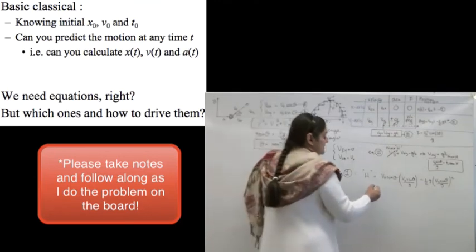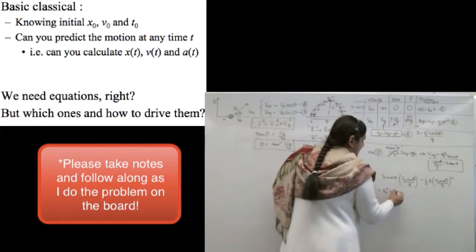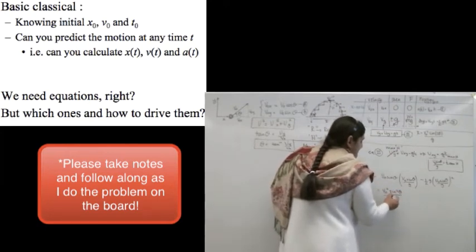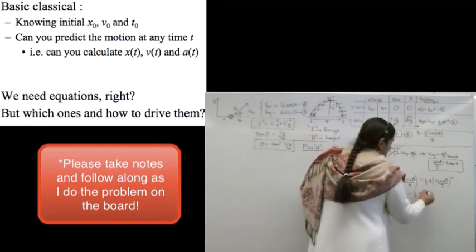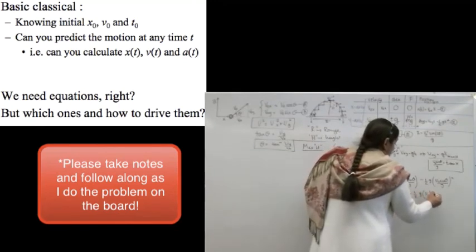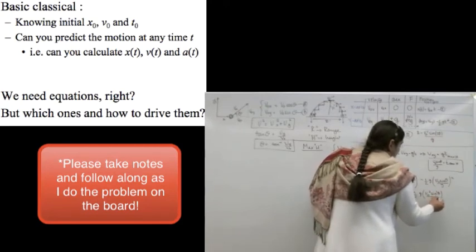I can rewrite this as v0 squared sine squared theta divided by g. So consolidating that, minus 1/2 g v naught squared sine squared theta divided by g squared.